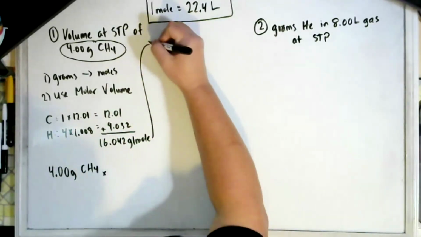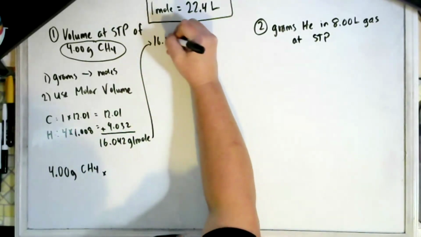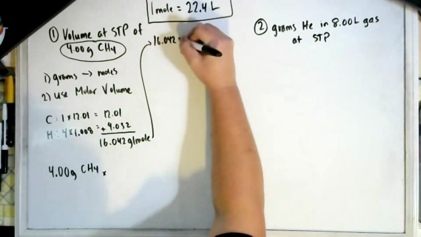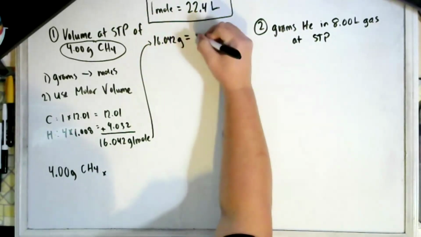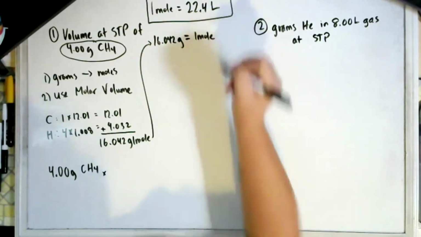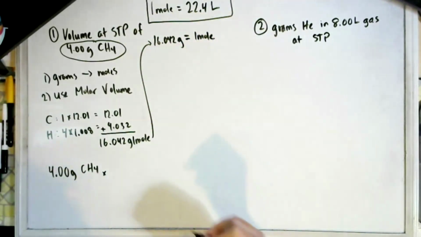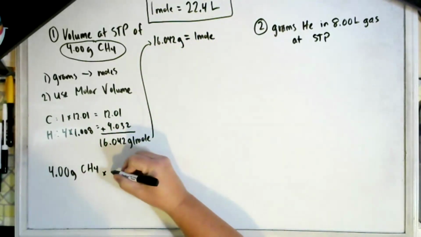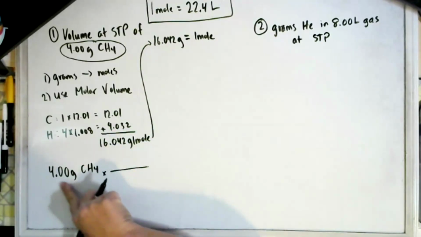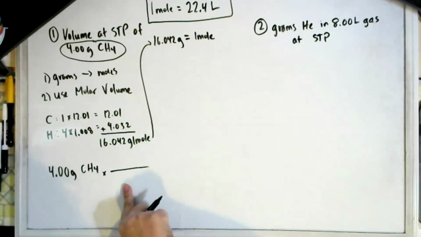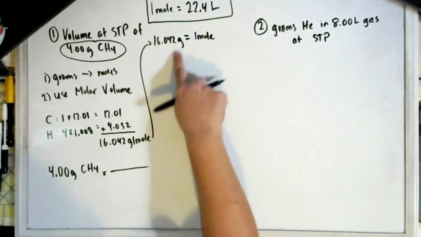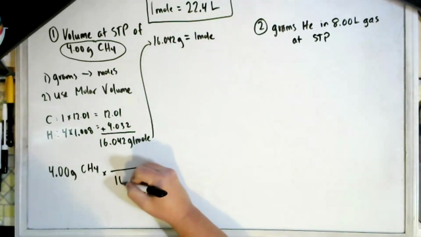I can say that every 16.042 grams of my CH4 equals 1 mole of my CH4. So now when I'm going to solve out this problem, I know that my gram value is going to go on the bottom in the denominator position, so my grams unit will cancel out.